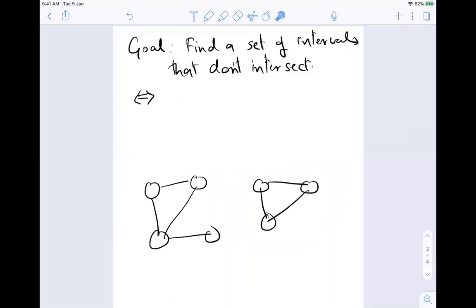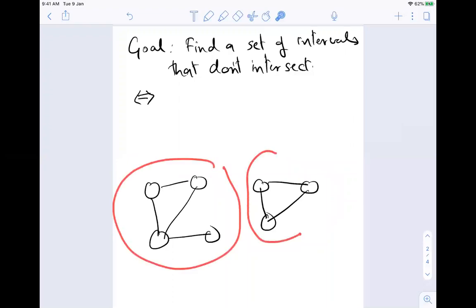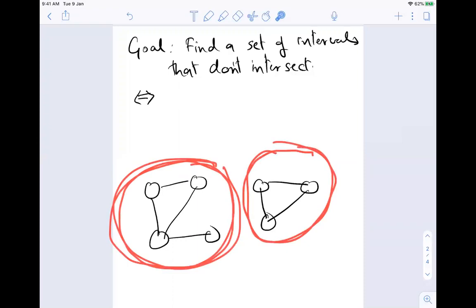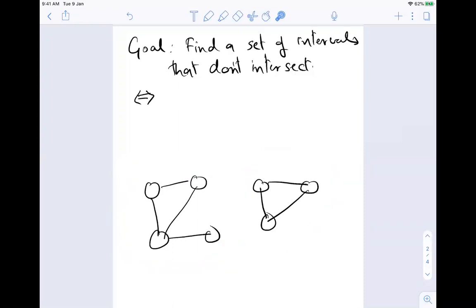Components are disjoint or disconnected sets of vertices. This is a connected set of vertices, and this is another component, meaning there is no path from this vertex to this vertex. So these are components.